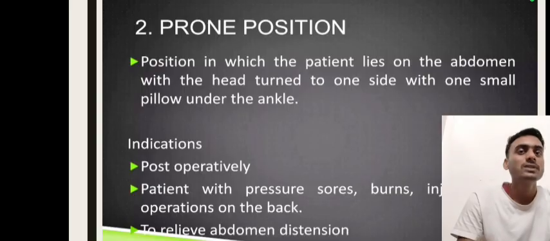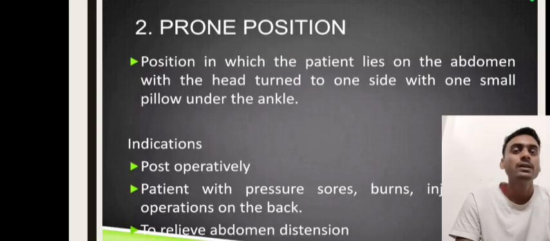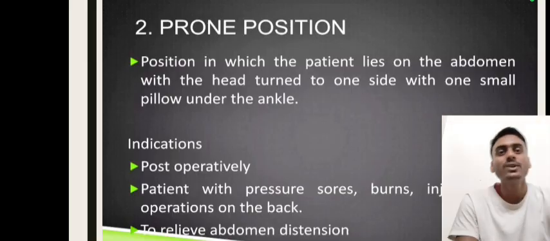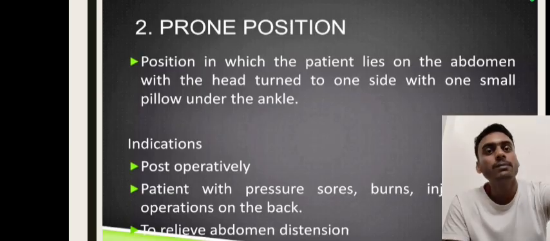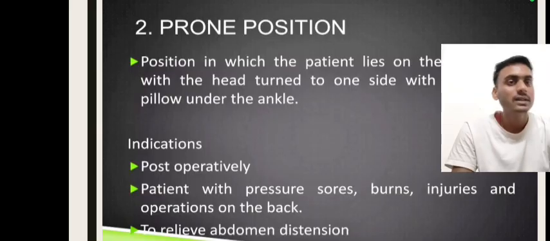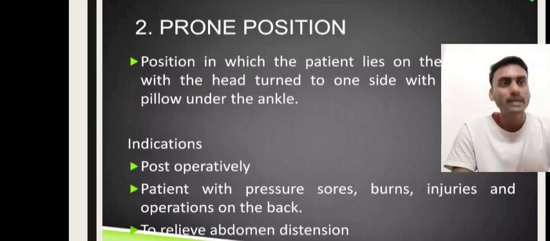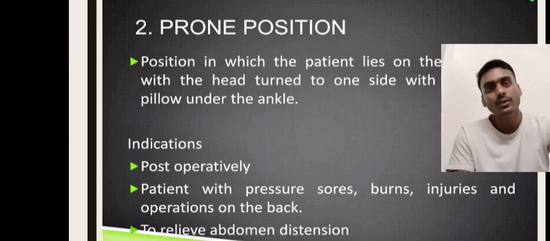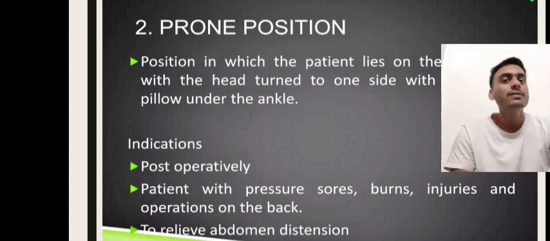Now some indications for when you can suggest the patient lie down in the prone position. If the patient is coming from post-operative care, or after surgery, or if the patient has a pressure sore on the back, a burn on the back or anterior part of the body, or an injury or operation on the back, then you suggest lying in the prone position to relieve abdominal distension.